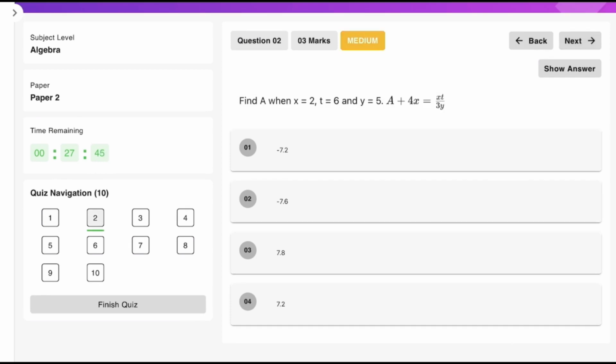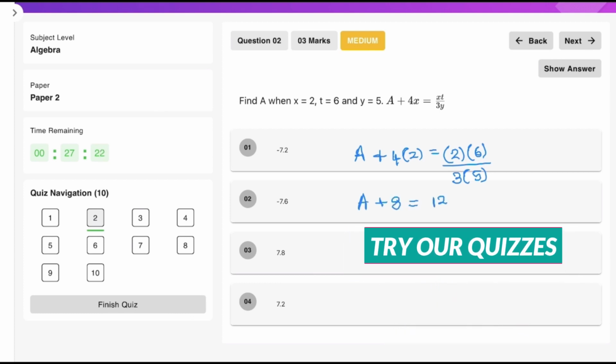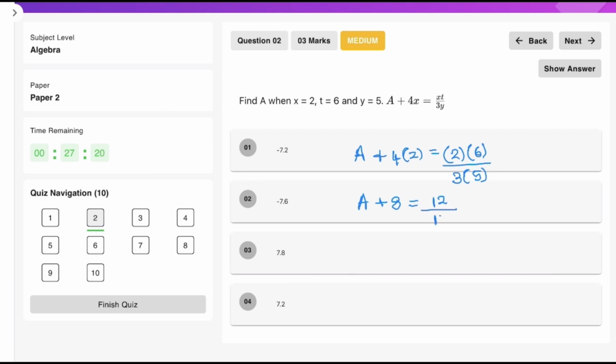Moving on, we have this expression here where a plus 4 into x. So we're going to substitute 2. X is 2 into t, which is 6, over 3 into 5 over there. So remember, be very careful, double check if you are substituting the right number. And then this becomes 6 times 2, which is 12, 5 times 3 is 15, and you can simplify this fraction, of course.